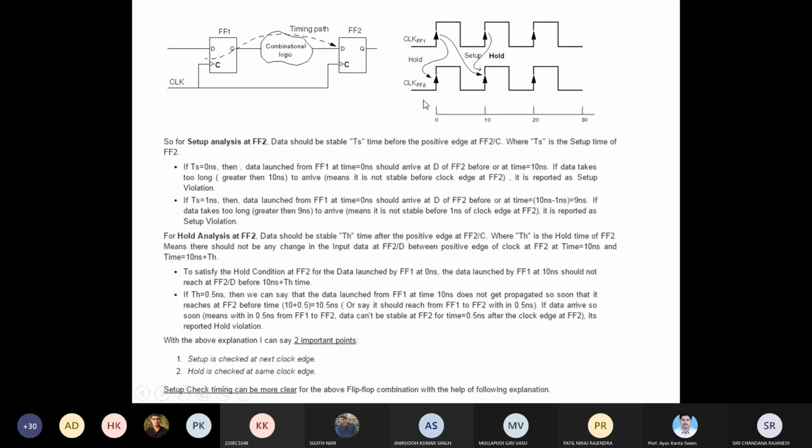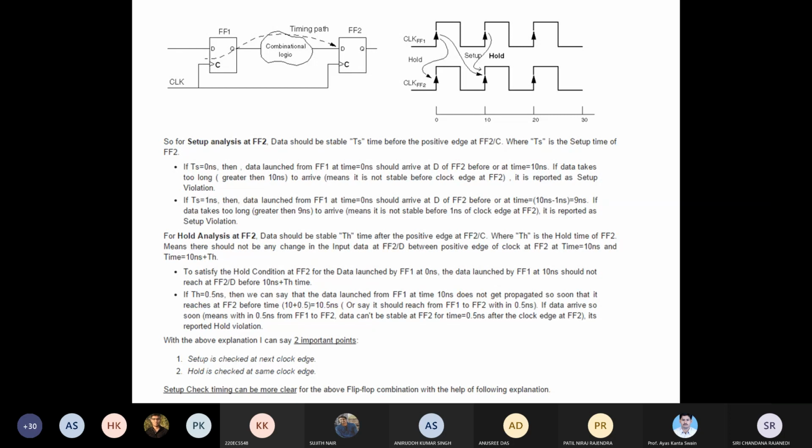So when the data is sent from the launching flip-flop, the setup is checked in the next flip-flop, not in the same flip-flop. Whichever data you are sending in this particular design, when it is reaching the next flip-flop, at that time you are checking whether the setup time is correct or not for the corresponding FF2 flip-flop.